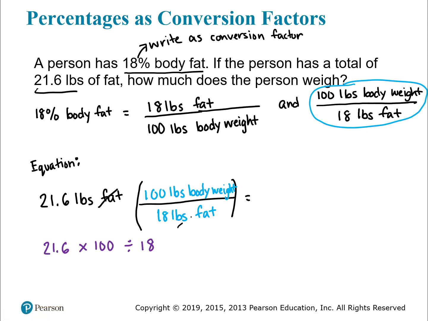Fat cancels out with fat. We're left with pounds of body weight. But the numbers do not cancel. So make sure you put into your calculator 21.6 times 100 divided by 18. Let me know what you get and use the right number of sig figs.